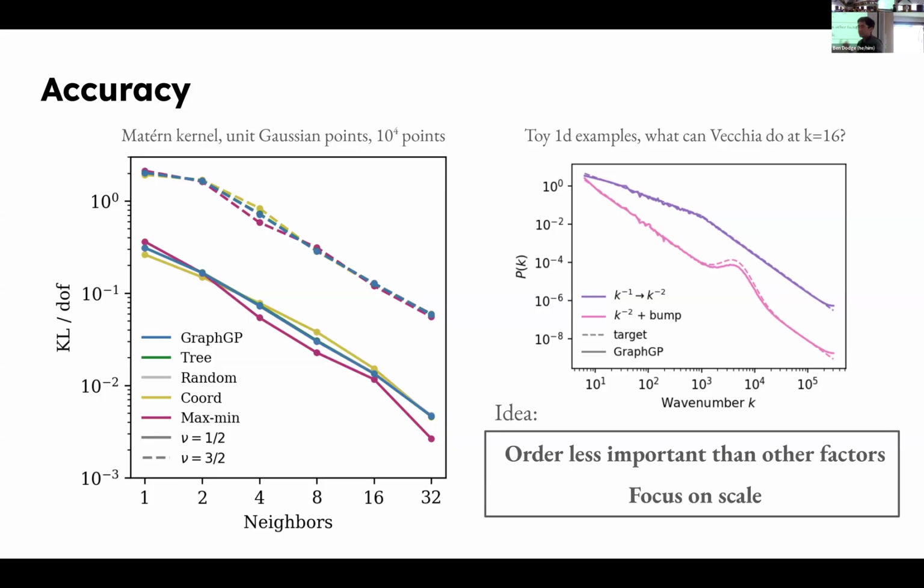One thing to keep in mind here is that people often use Gaussian processes as a prior, right? So if you're a cosmologist using Gaussian processes as a summary statistic for your data, you don't want to be using GraphGP, because you're not going to get the power spectrum quite right. But if you use it as a prior, the only time you're going to fail is if you want to a priori assume there's a bump in the power spectrum in a specific place.